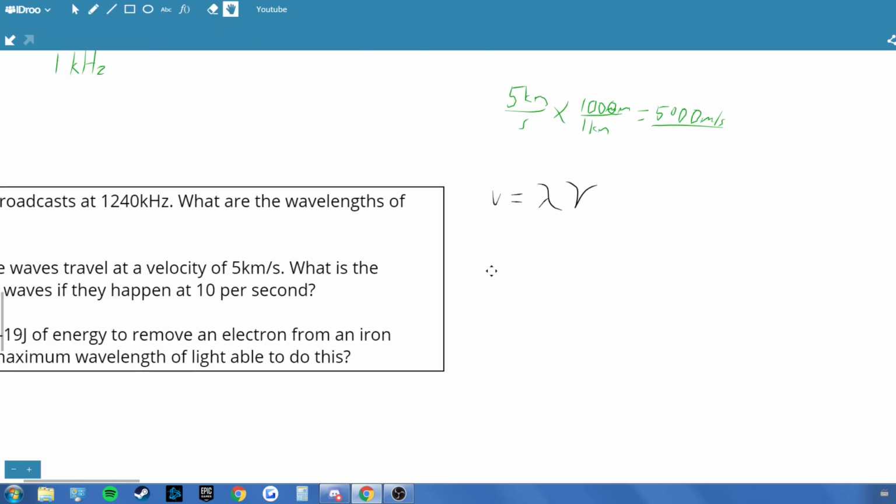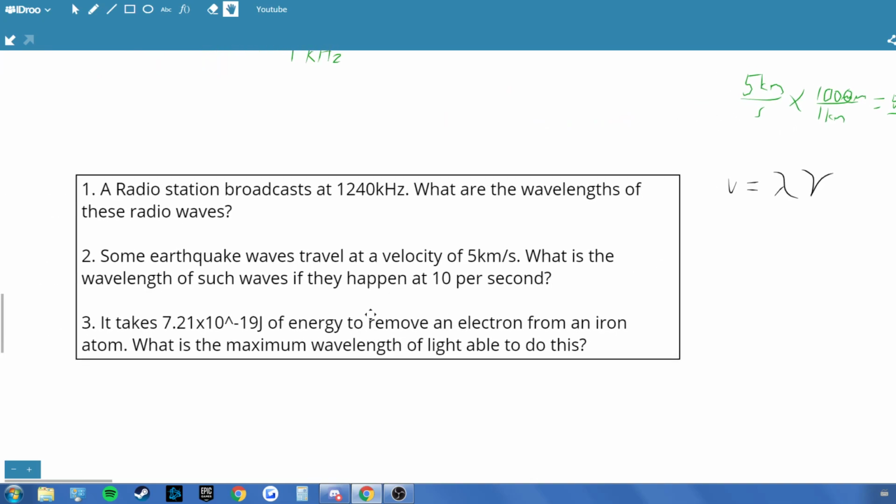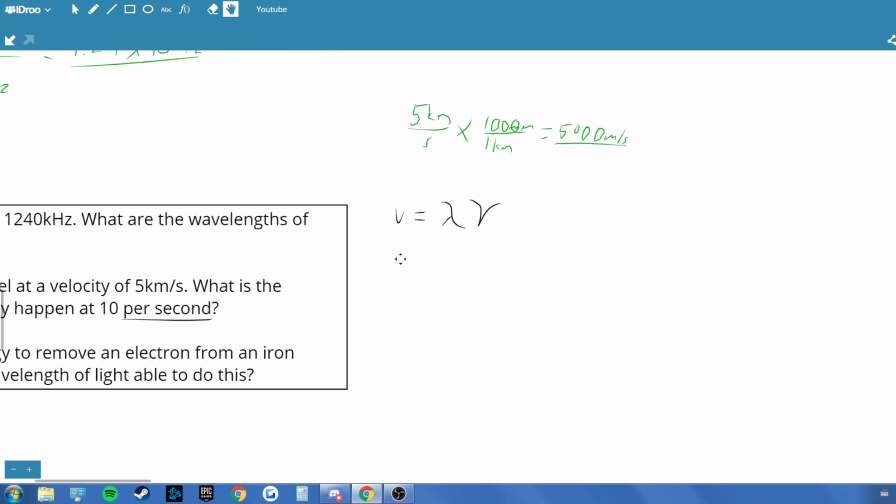Then we also see we have 10 per second, and per second is the same as hertz. So that would be 10 hertz, and that's our unit for frequency.